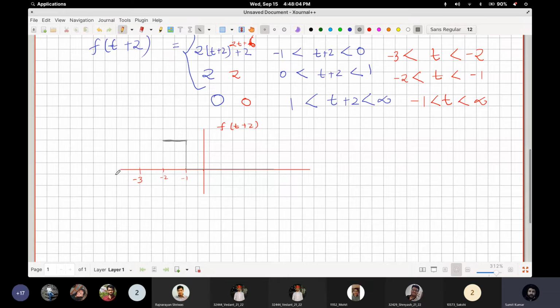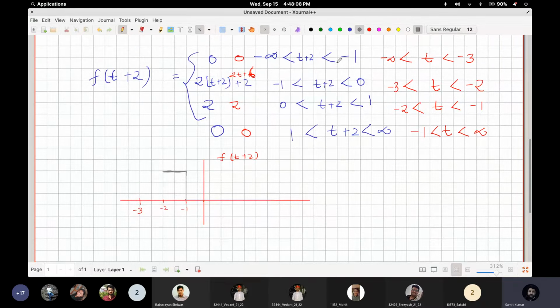And before that, it is equal to 2t plus 6, right? 2t plus 6 means at t equal to minus 2, if you put minus 2 here, you will get 2 only, right? So that point will start here, and when you put minus 3 here, it will be minus 6 plus 6, that is equal to 0. So it will start at this point, right?